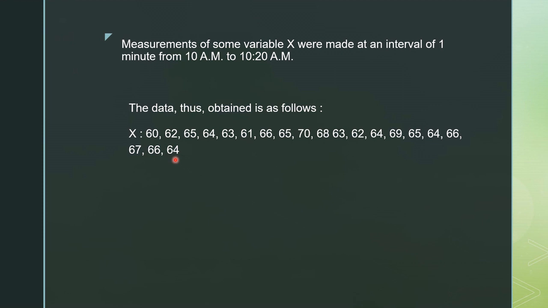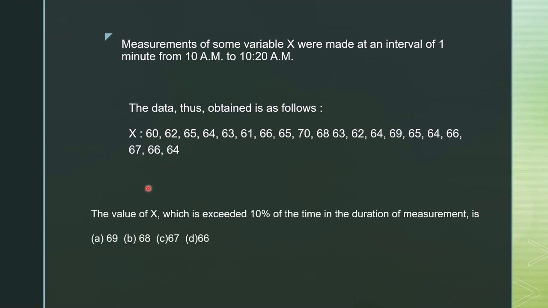Okay, so now the question is: the value of x which is exceeded 10% of the time in the duration of measurement. Option A is 69, option B 68, option C 67, option D 66.